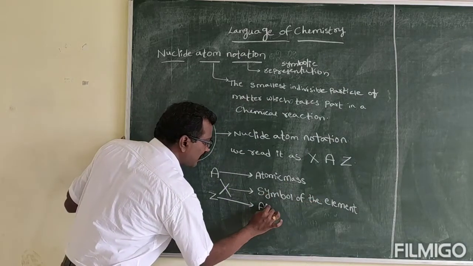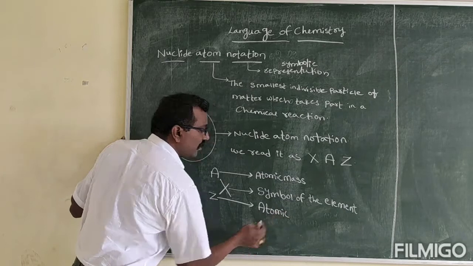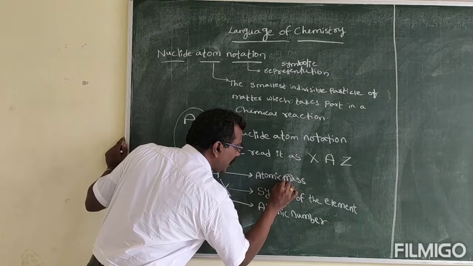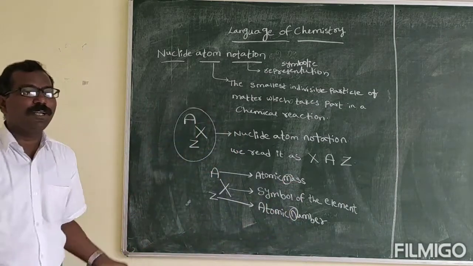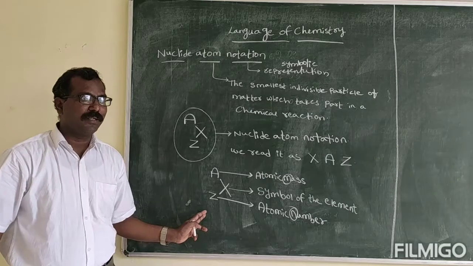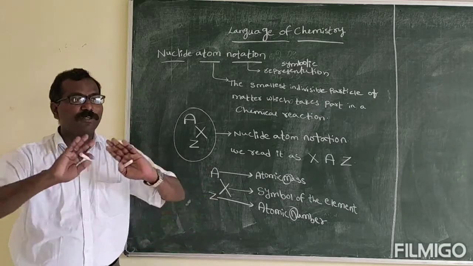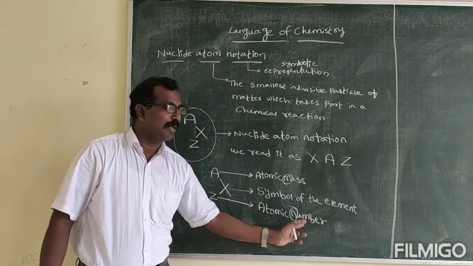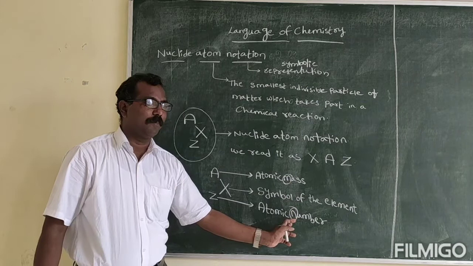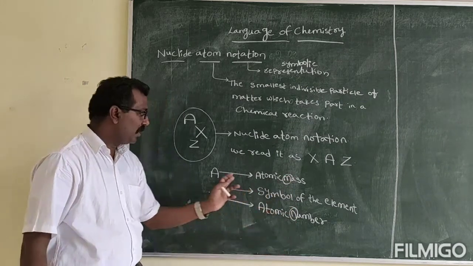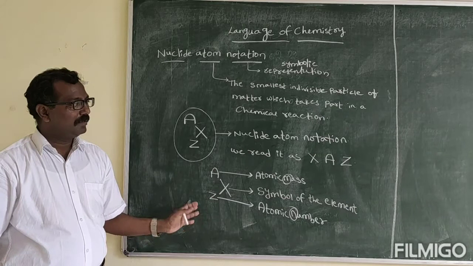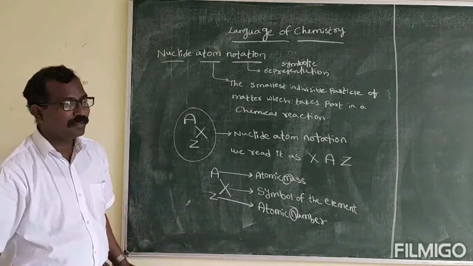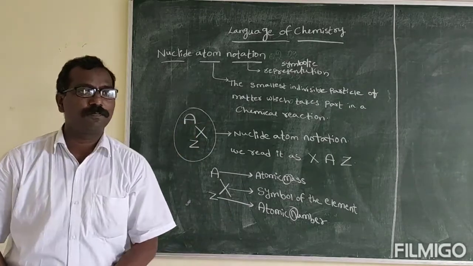And Z represents atomic number. So after M, N will come. No need to confuse A and Z, no need to break our head. Straight away: atomic mass and atomic number. And after M, N will come, so mass number. Is it clear? Any doubts? Right. Now you can note down.